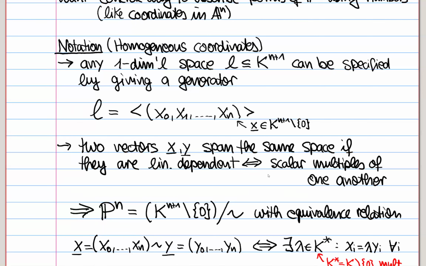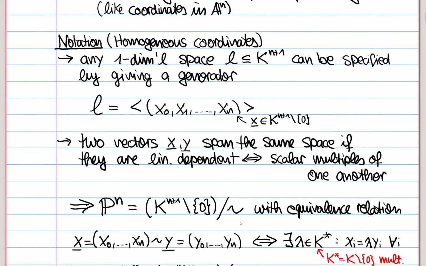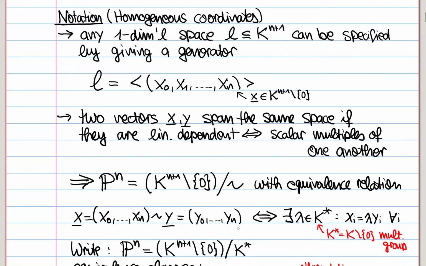And so as a second description, we can describe Pn as the set of all non-zero vectors x up to the equivalence relation, which says that a vector x and a vector y are equivalent if and only if there's some scalar lambda inside k star, a non-zero element of the field, such that xi is equal to lambda times yi for all i. So one is a multiple of the other.